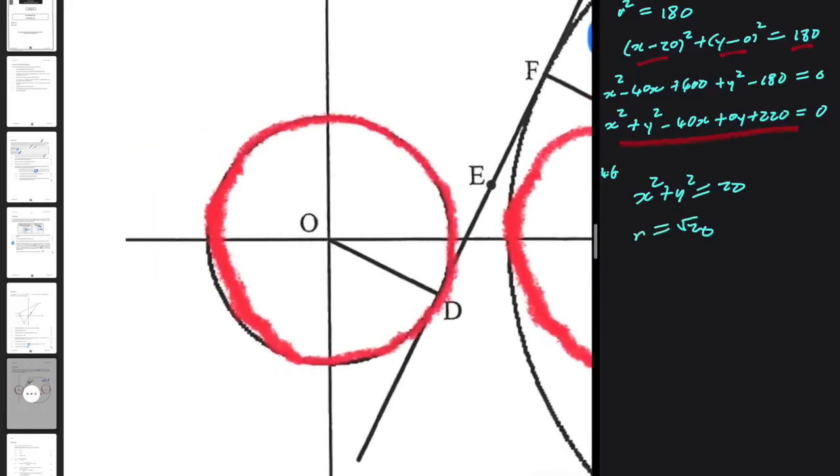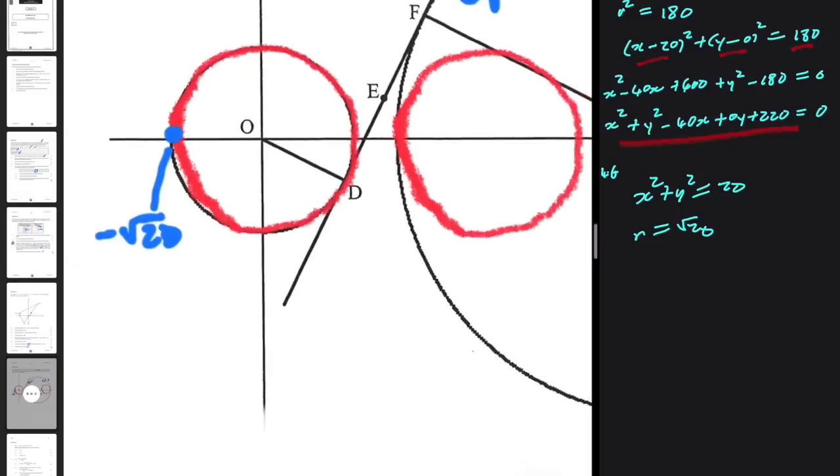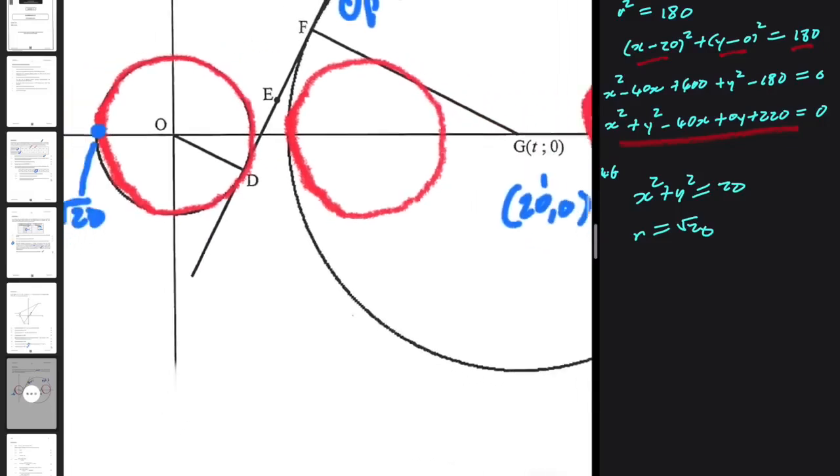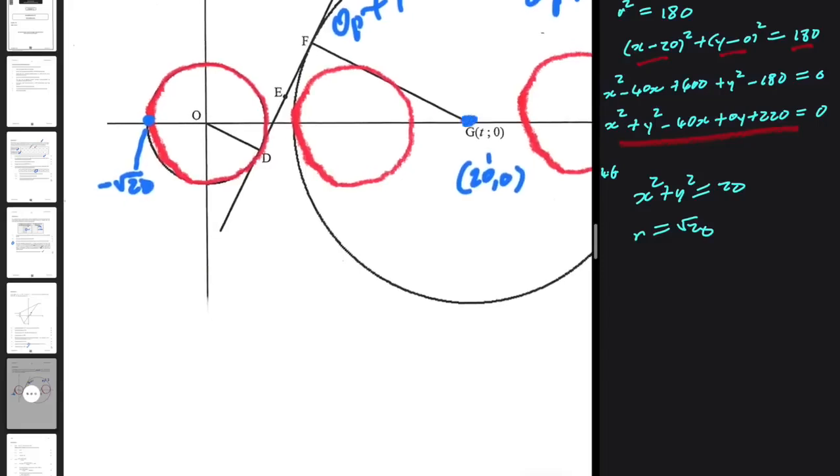Let's concentrate on this point. The x-coordinate of that point is minus square root of 20, if the radius of the circle is square root of 20. We need to comprehend that. So that is step number 1.